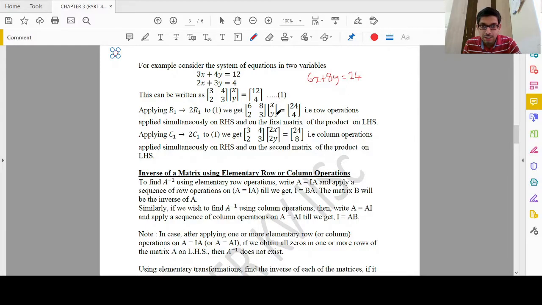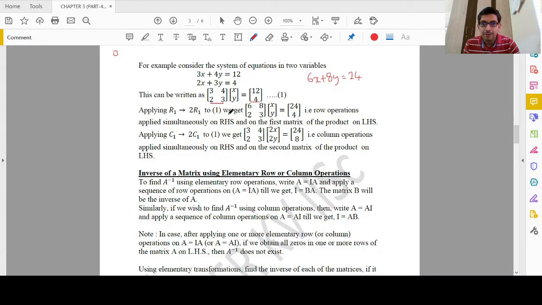In the second matrix there won't be any change, that is x comma y, and it is equal to 24, 4, that is the same simultaneous operation, only the operation is conducted on the single matrix on the left side or right side. So what we have done here, we have applied the row operation simultaneously on the first matrix of the product and on the right hand side.